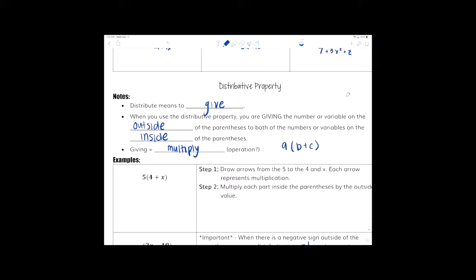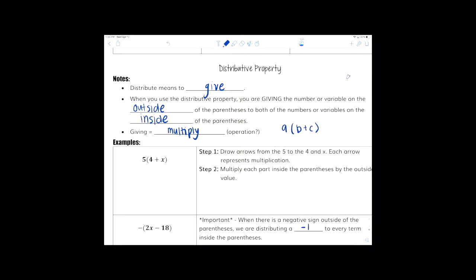So when I say distribute, I mean I'm multiplying the number on the outside to all of the numbers on the inside of my parentheses. Okay? So I'm going to show that here. So I'm going to use these little arrows to show my distributing.